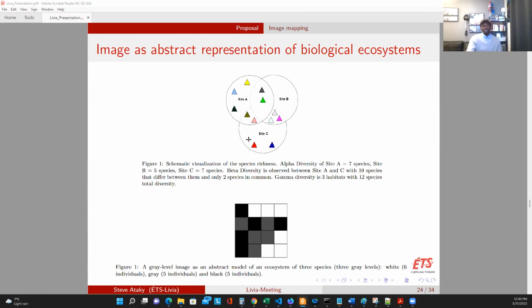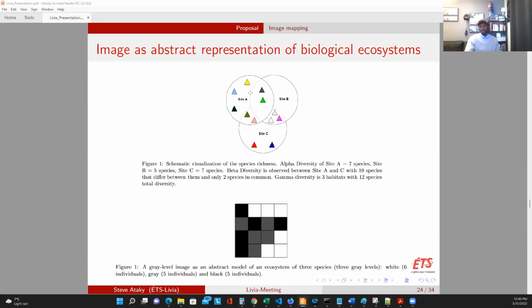So here we have an example of three sites, or three ecosystems, let me say: site A, site B, and site C. In site A, if we count the species, we have seven species.